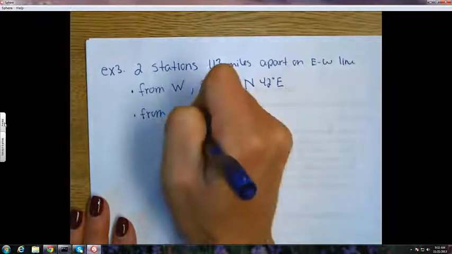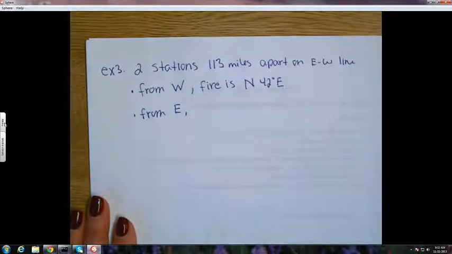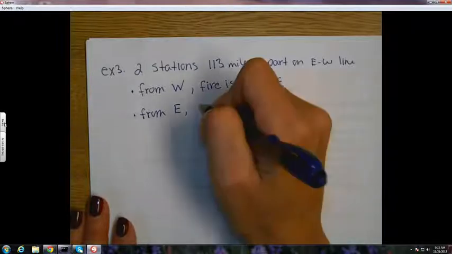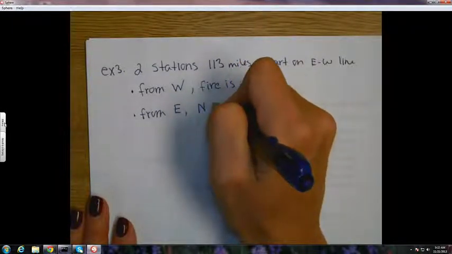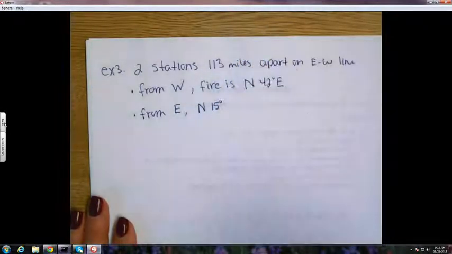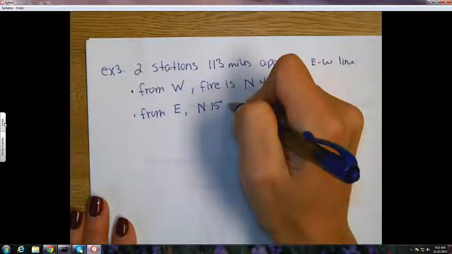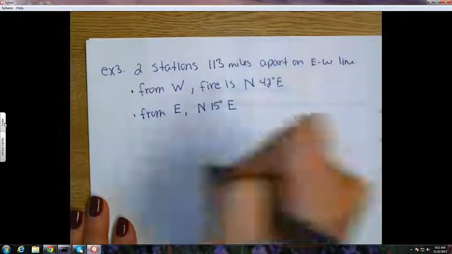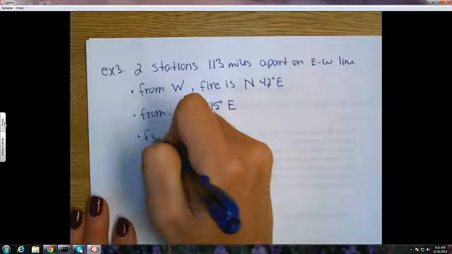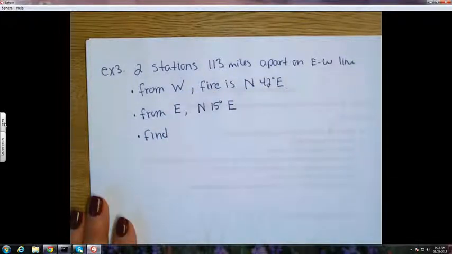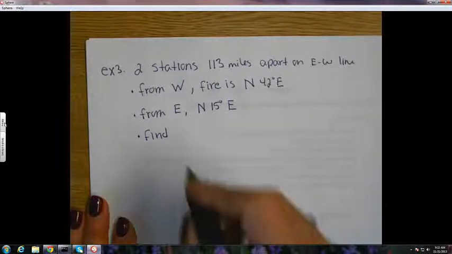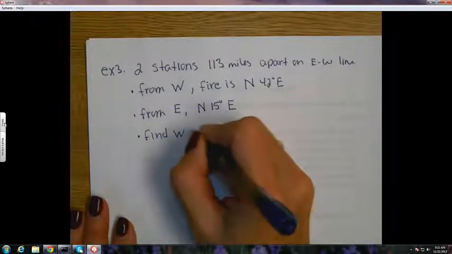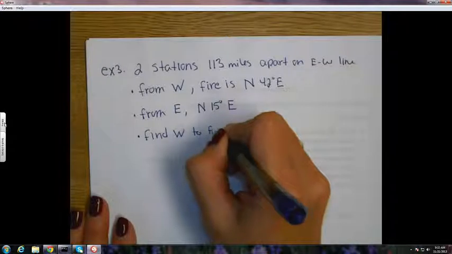From the eastern station, it is north 15 degrees east. Find the distance of the fire from the west. Find west to fire distance.